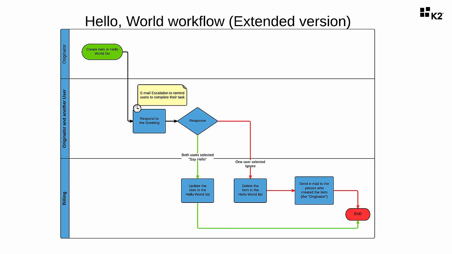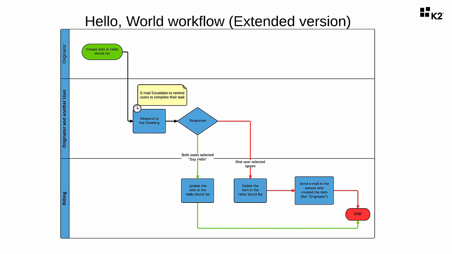Based on that, since this is an extended version of the original Hello World application, I'll start by describing the application design in terms of what we will change at this point. For changes in the existing workflow, we're going to edit the Respond to Greeting task and add another user to this task. We will then configure the outcomes for this step so that both of the users will need to say hello to the greeting before the workflow continues down the say hello path.